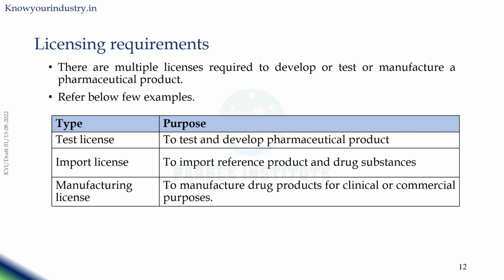They give all these kinds of licenses. To test and develop a pharmaceutical product, you need what is called a test license. To import any kind of reference product or drug substance, you need an import license. To manufacture a product at commercial or clinical scale, or any product intended for human consumption, you need a manufacturing license.